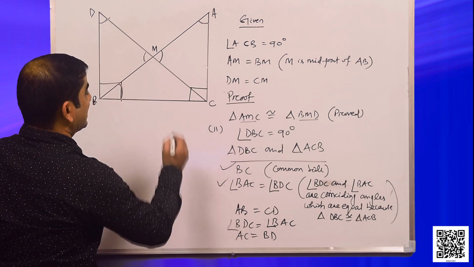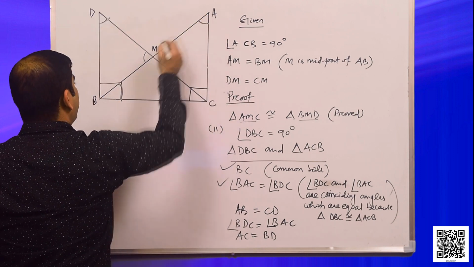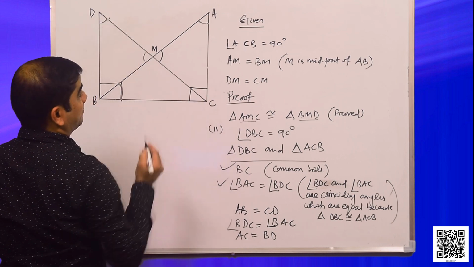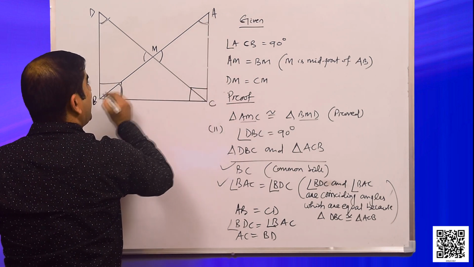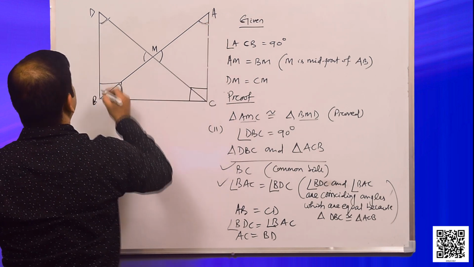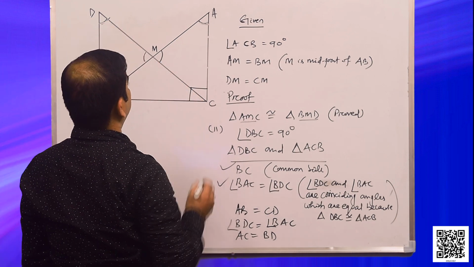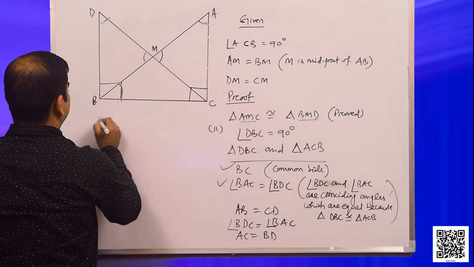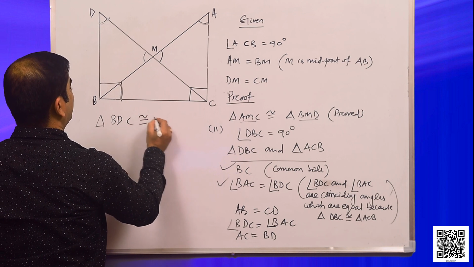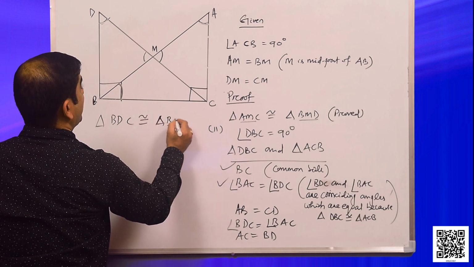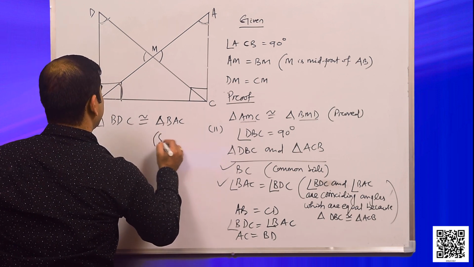Now let us check. AC is equal to BD, AB is equal to CD, and these two angles are equal. That means AC, AB and the included angle, BD, CD and the included angle. Now we can say that triangle BDC is congruent to triangle BAC. Which congruency? Yes, that is your SAS.